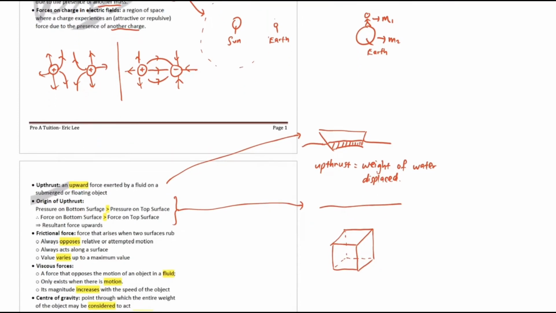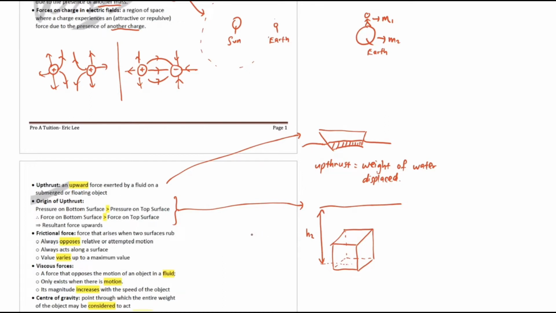Pressure on bottom surface. Okay, so of course, to find the pressure, let's say I consider the bottom surface. I consider the center of the surface. So the center of the surface is at the depth of, let's say, H2. Because of this H2, it forms pressure.